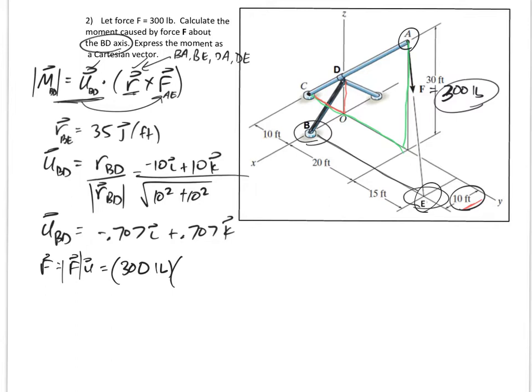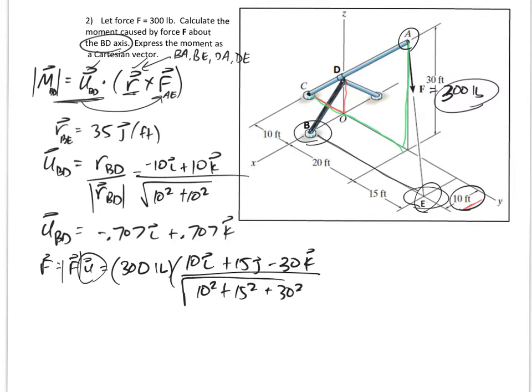How far does it go in X? It goes 10 in the I. How far does it go in J? It goes 15 in the J. How far does it go in K? It goes down 30 in the K. It's a U, so I need to divide the R by the magnitude of the R. 10 squared, 15 squared, 30 squared, square root.